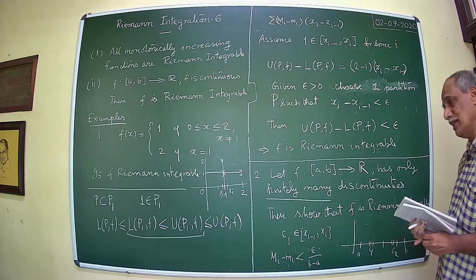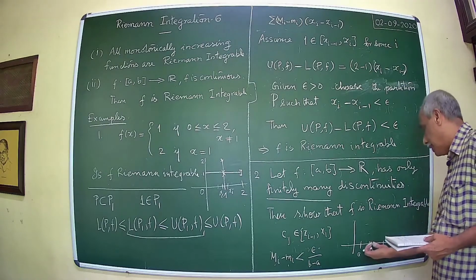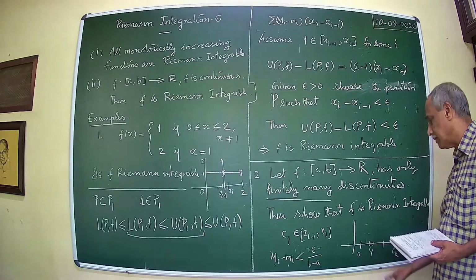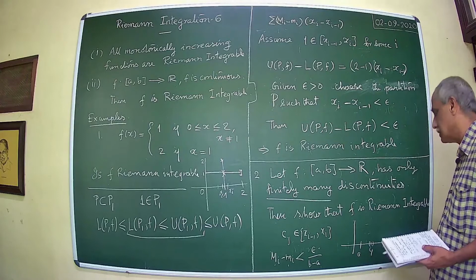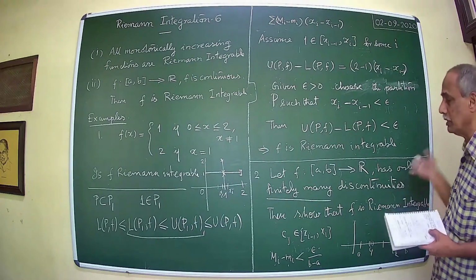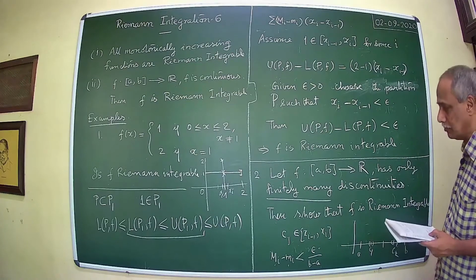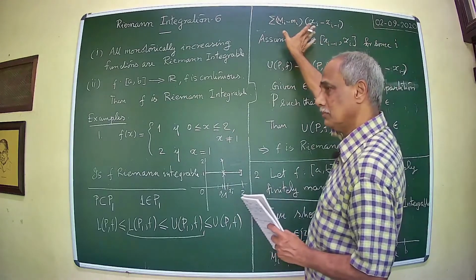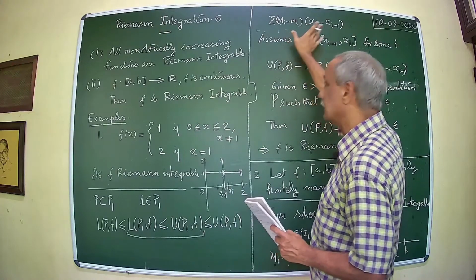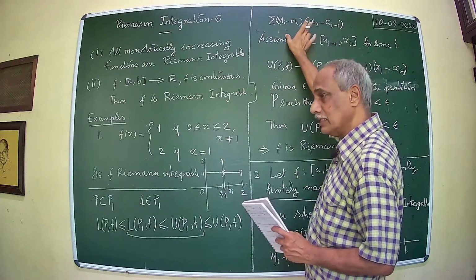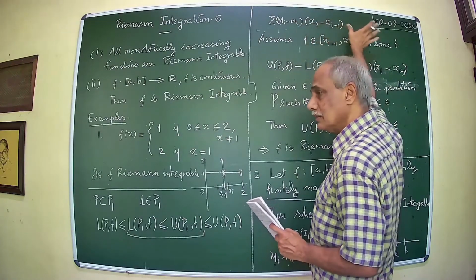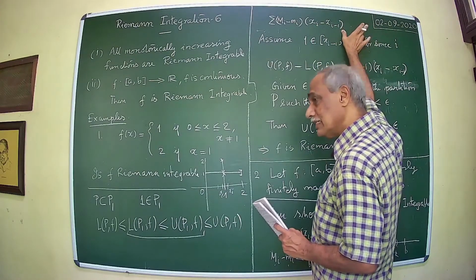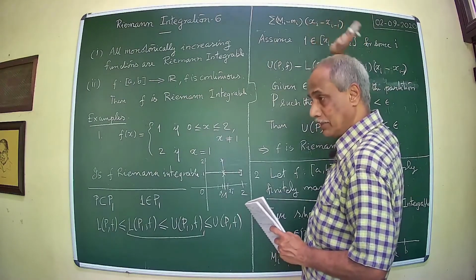Okay. So there what do you do? You make the width small enough so that the sum of the differences on these k intervals is going to be something like less than epsilon by 2. So make the sum corresponding to the intervals on which the function is continuous plus the sum corresponding to intervals on which the function is discontinuous at a point.